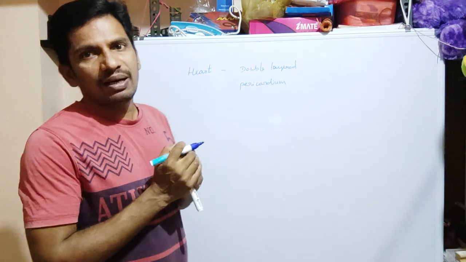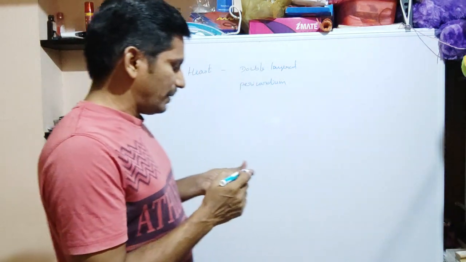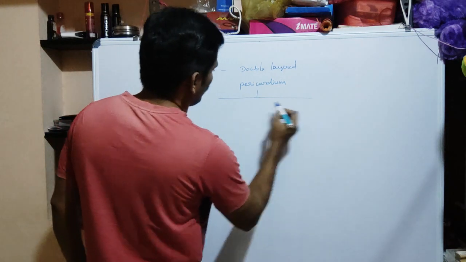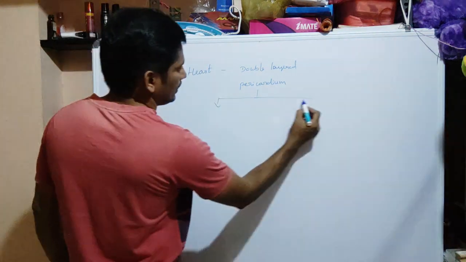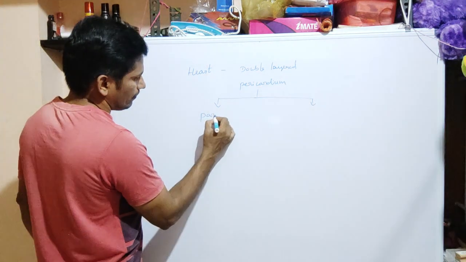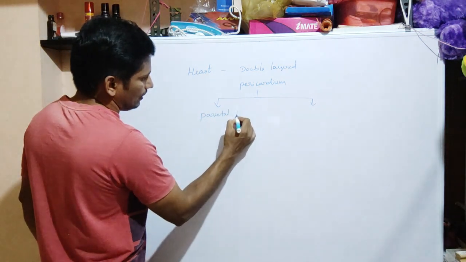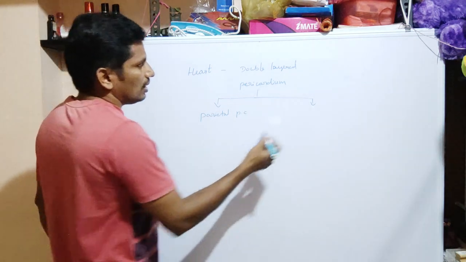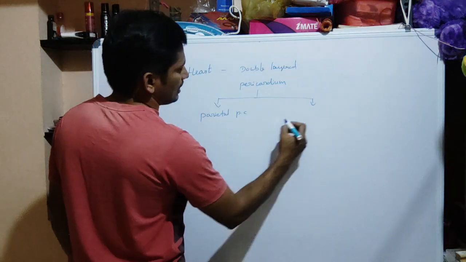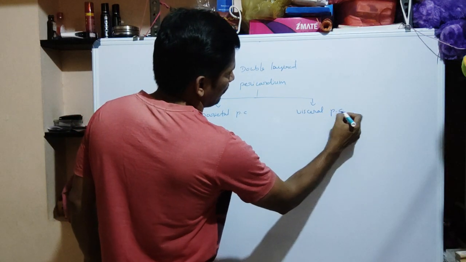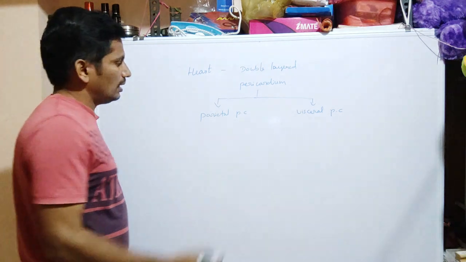The heart is surrounded by the double-layered pericardium. The outer layer is called the parietal pericardium. The inner layer, which covers the heart, is the visceral pericardium. These two are there.